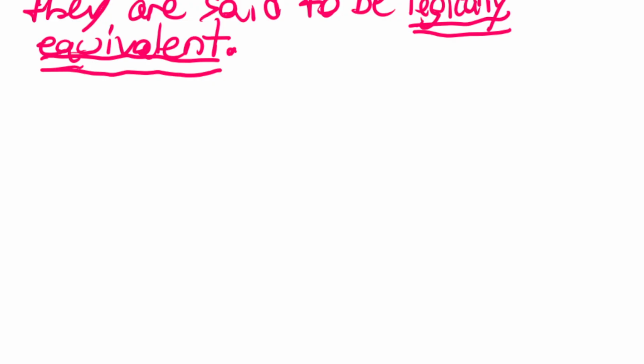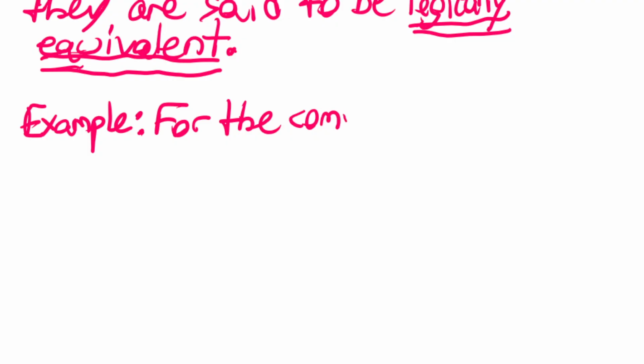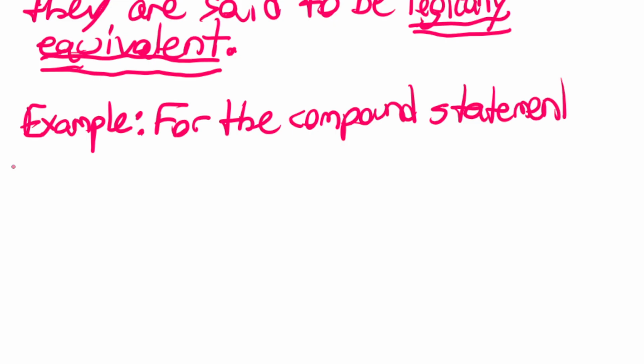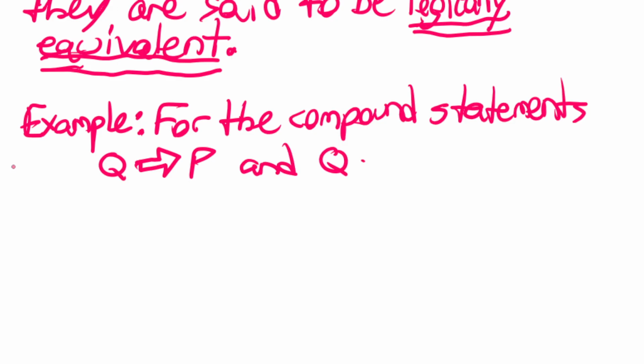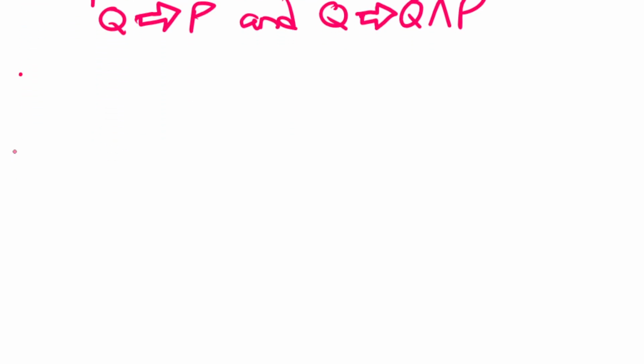So let's look at an example of this. Say we are given the compound statements Q implies P and Q implies Q conjunction P. So let's construct a truth table here.